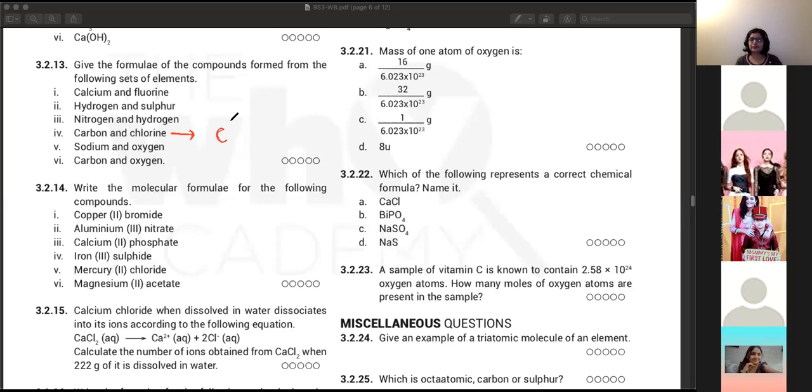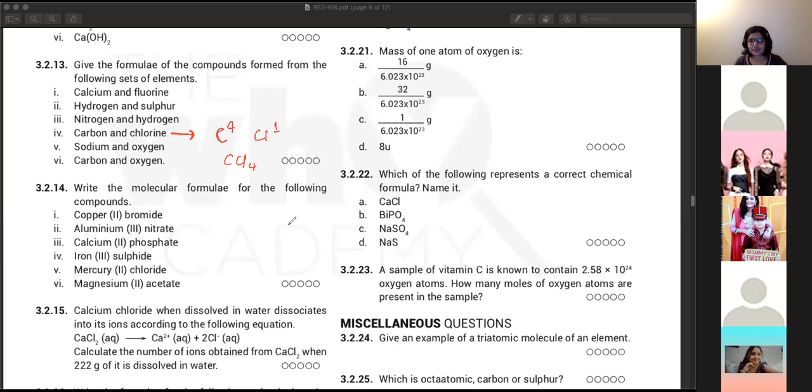Ma'am, 4, right? 4, yeah, correct. The configuration is 2, 4, so the valency is 4. And the valency of chlorine? 1. So what will be the compound between carbon and chlorine? CCl4. CCl4, yes. Okay.